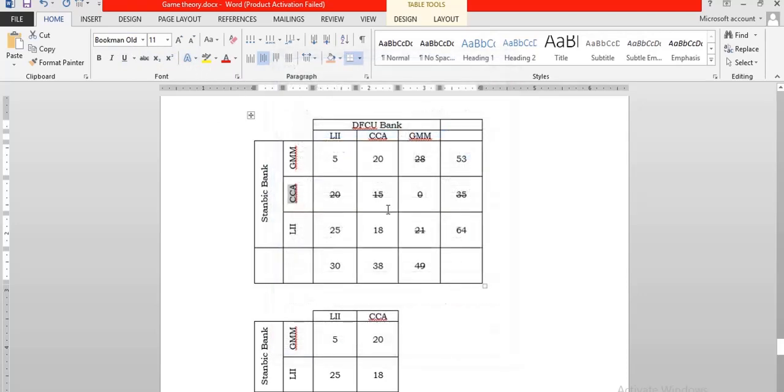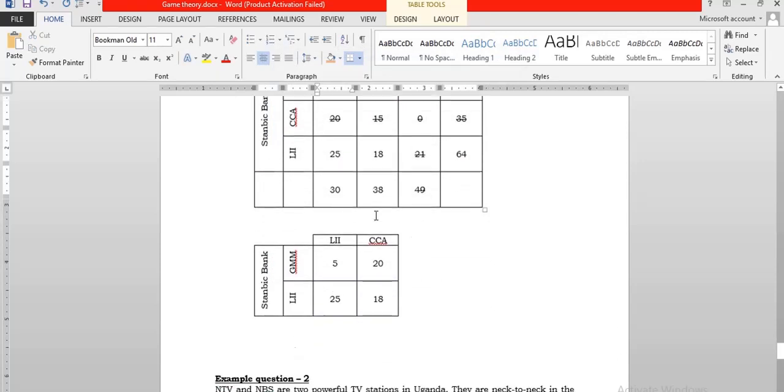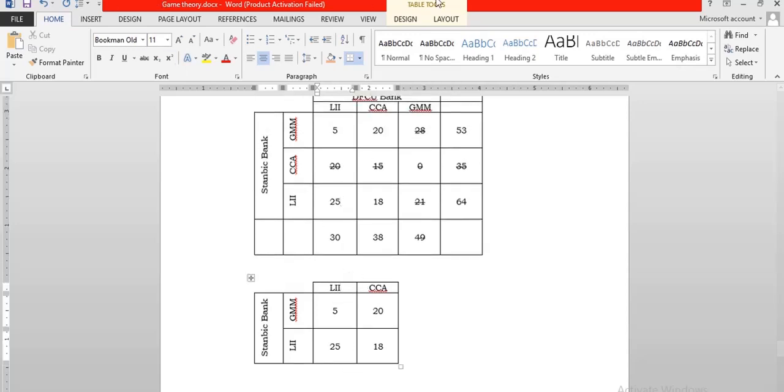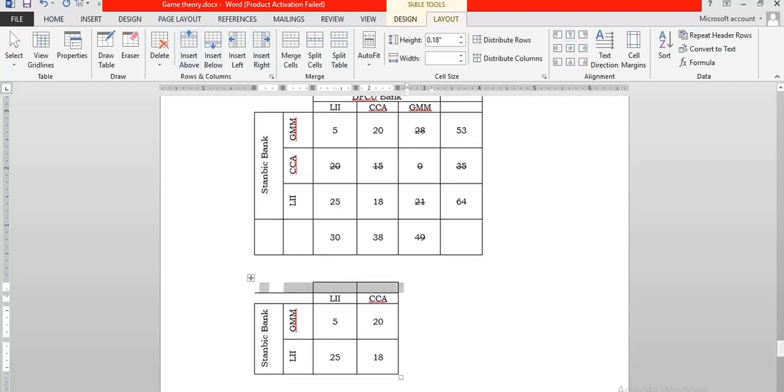So now we're remaining with LII and GMM on the side of Stanbic Bank, and on the side of DFCU Bank, we're remaining with LII and CCA. So you can see the common strategy for both banks is LII.